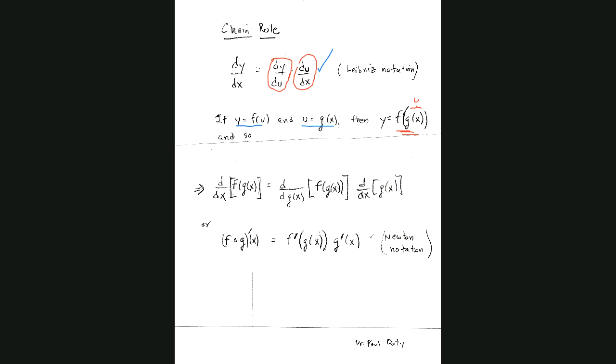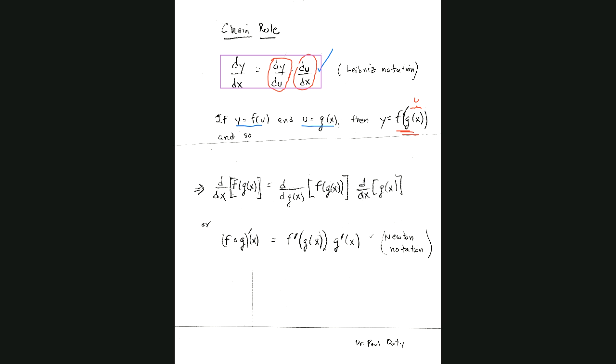So what I want to do is rewrite this chain rule in terms of this new notation. Okay, in terms of the new notation.